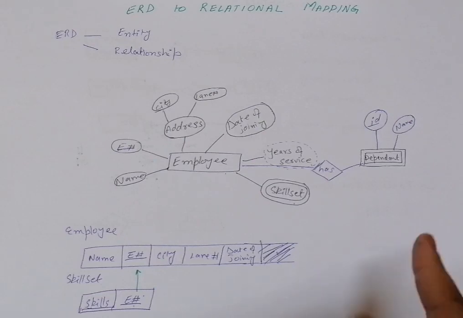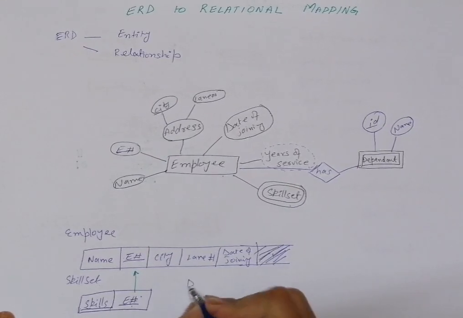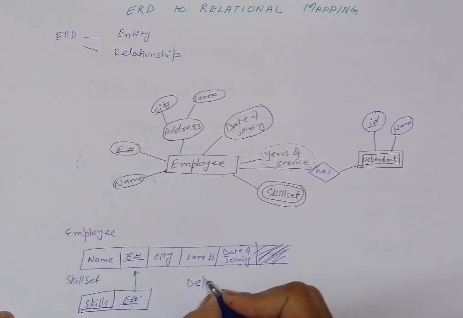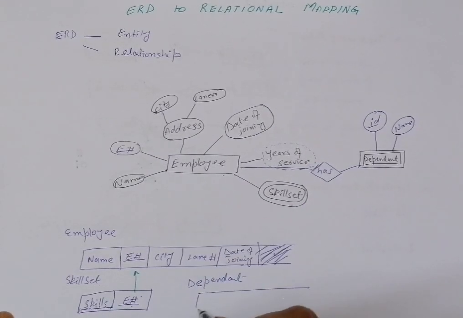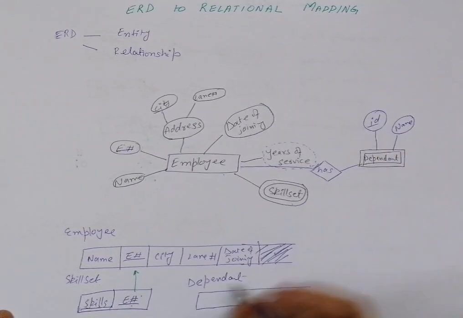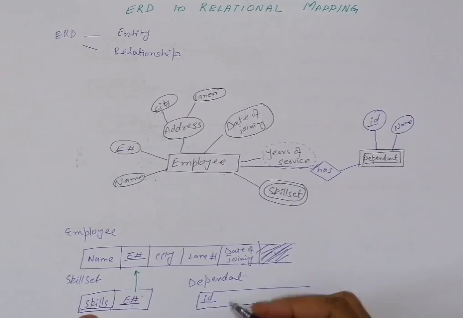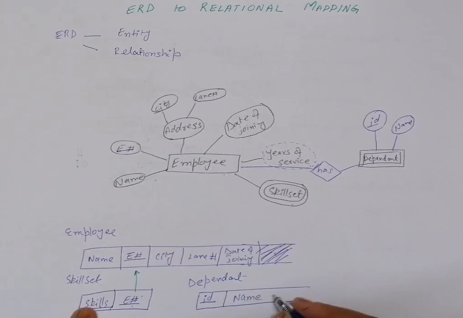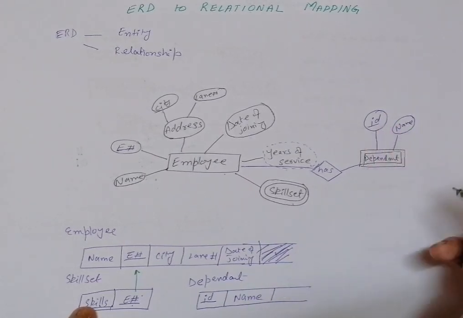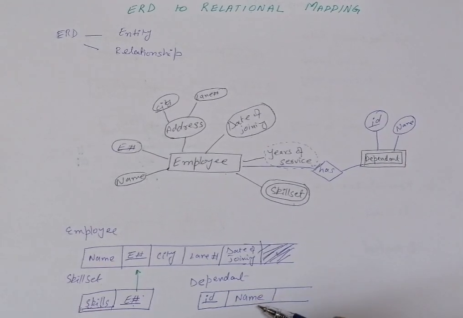In order to model a weak entity, you have to create a table for dependent like this. Dependent has all the attributes that it owns, that is ID, which is the unique identifier of dependent, and name. These are the single valued attributes that dependent has, so I have written them directly like this.